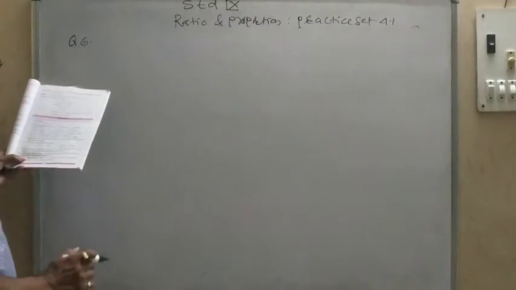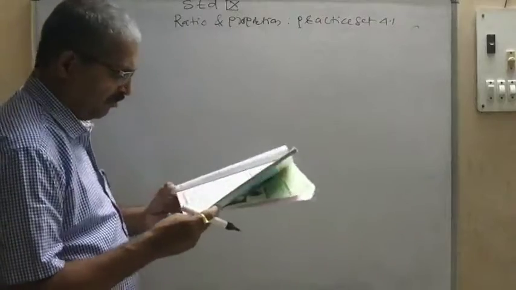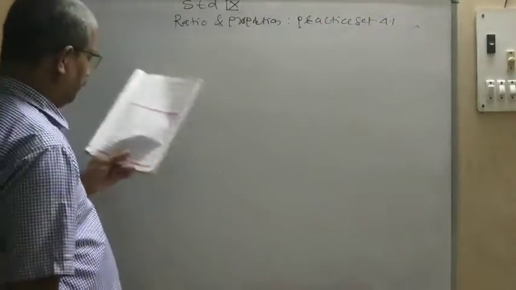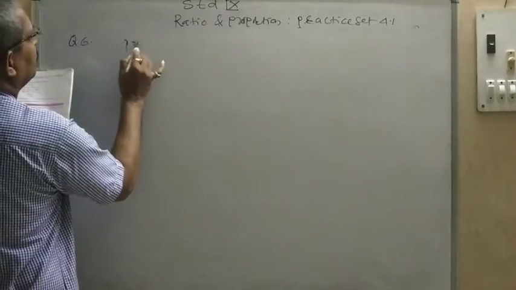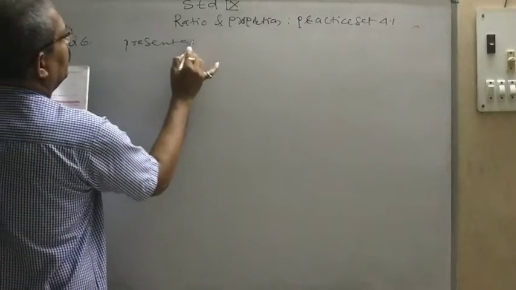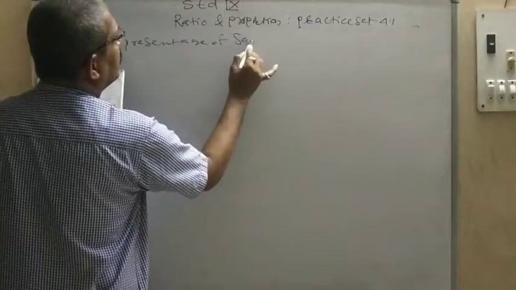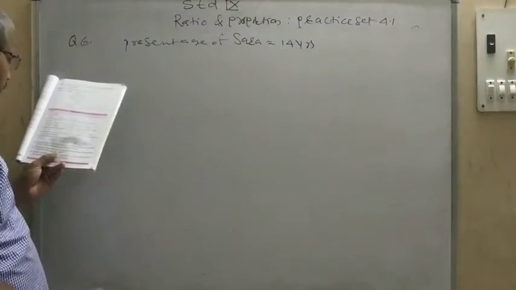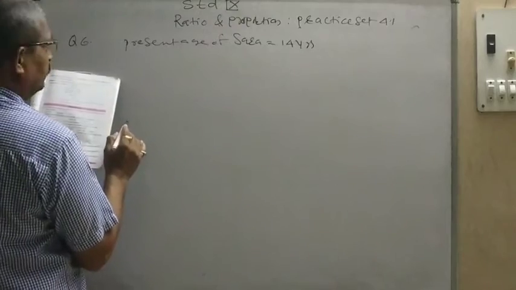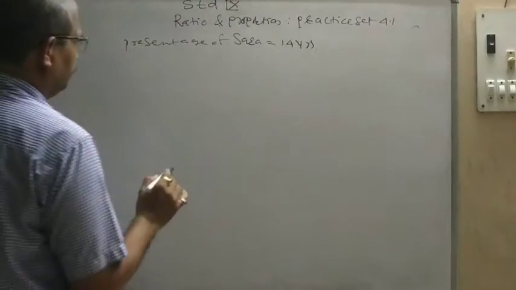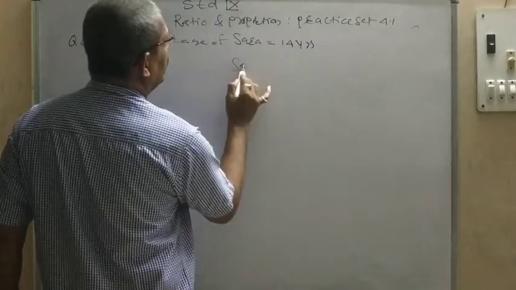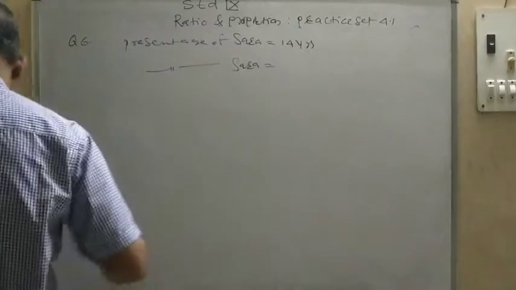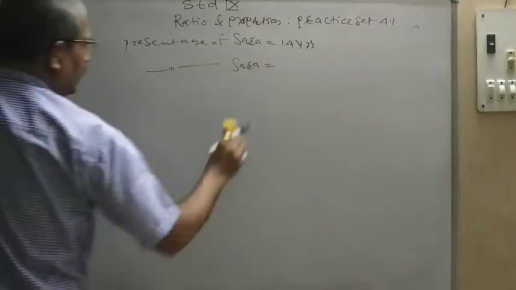Now, next question. Present ages of Vatsala and Sara are 14 and 10 years.